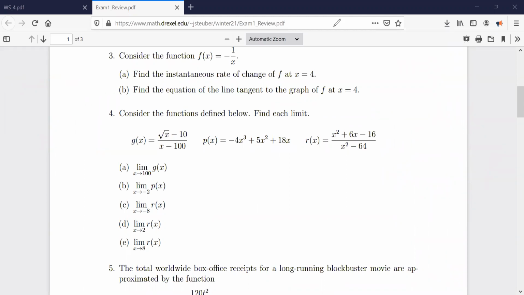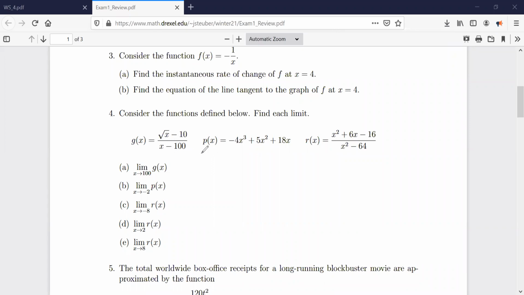So consider the functions defined below. Find each limit. So g of x is equal to that. The limit of g of x as x approaches 100: the top would approach 0 and the bottom would also approach 0.